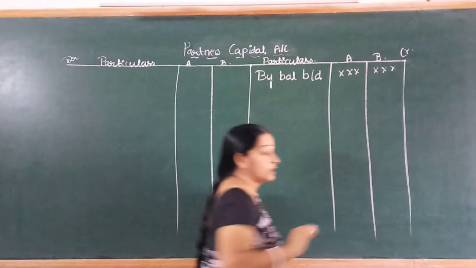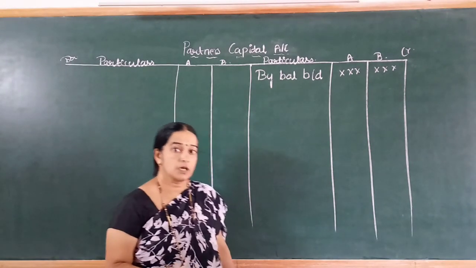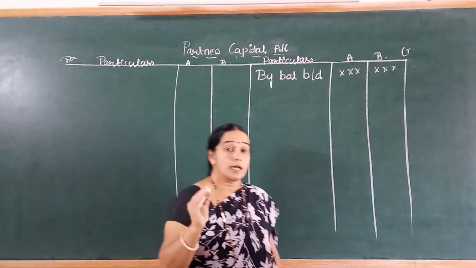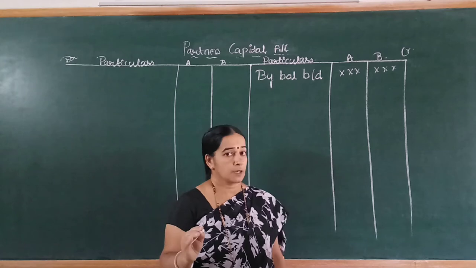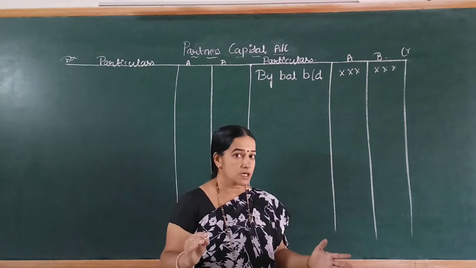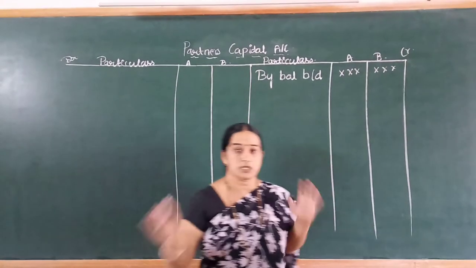Now the second step in the partner's capital account is to transfer the realization profit or realization loss. There may be a profit on realization or a loss on realization.